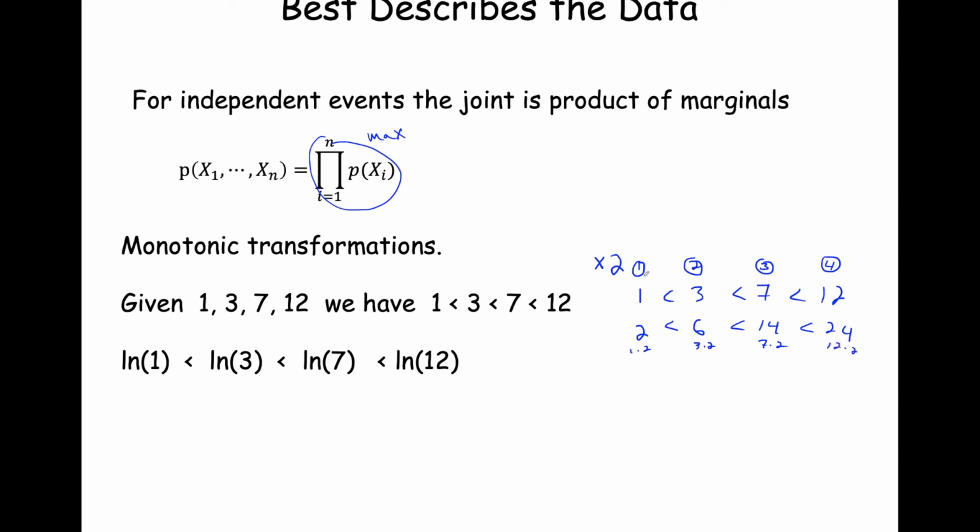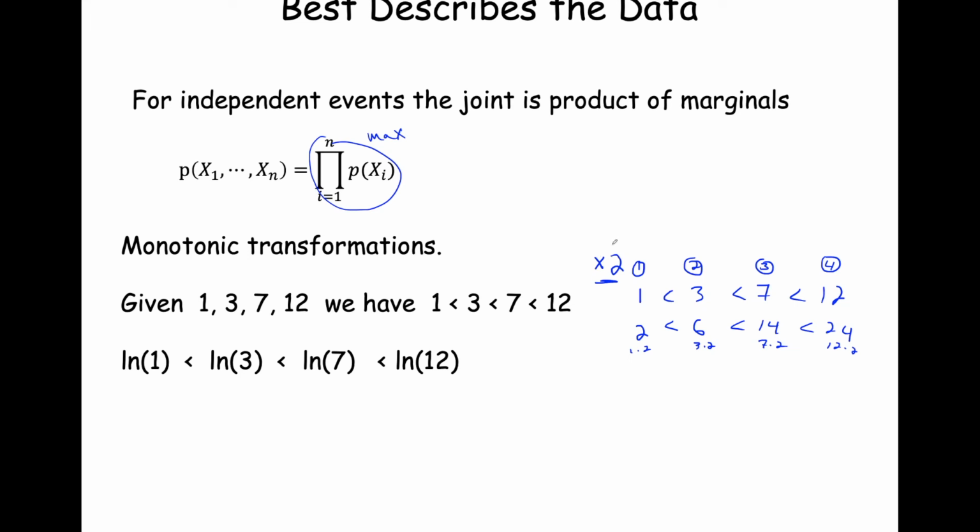When we apply this times 2 transformation, the ordering did not change. The first value is now 2, but it didn't move. It didn't all of a sudden become greater than the quantity in the second position. So if we multiply by 2 and the relative position of each term doesn't change, that's a so-called monotonic transformation.